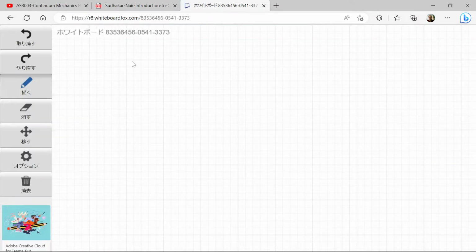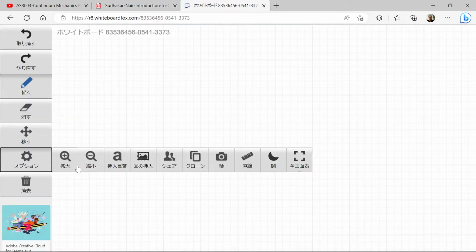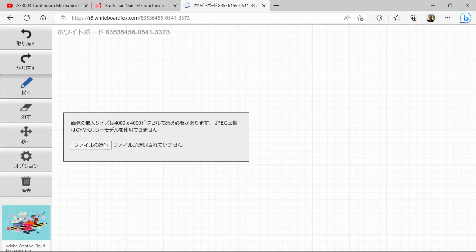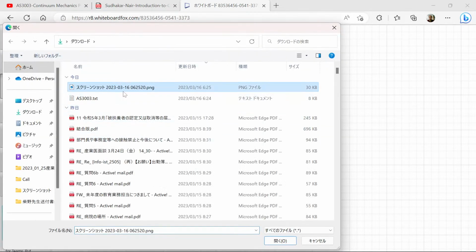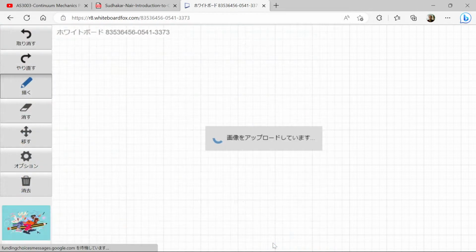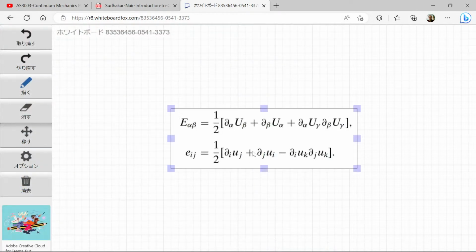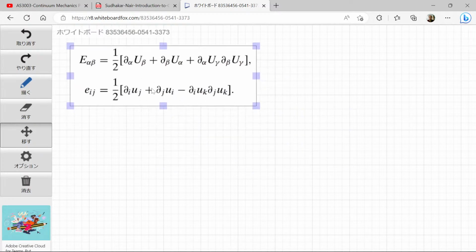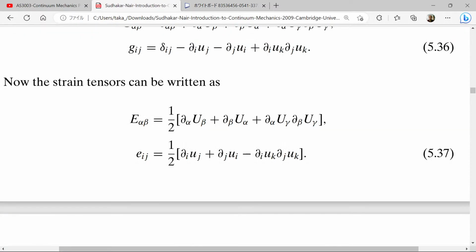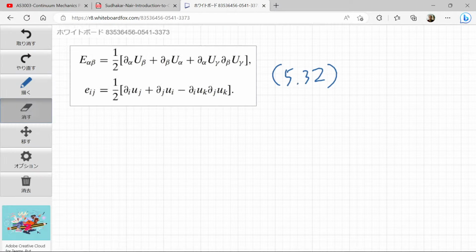This is 532. So this is 532. It's 37. I'm sorry, it's 37.